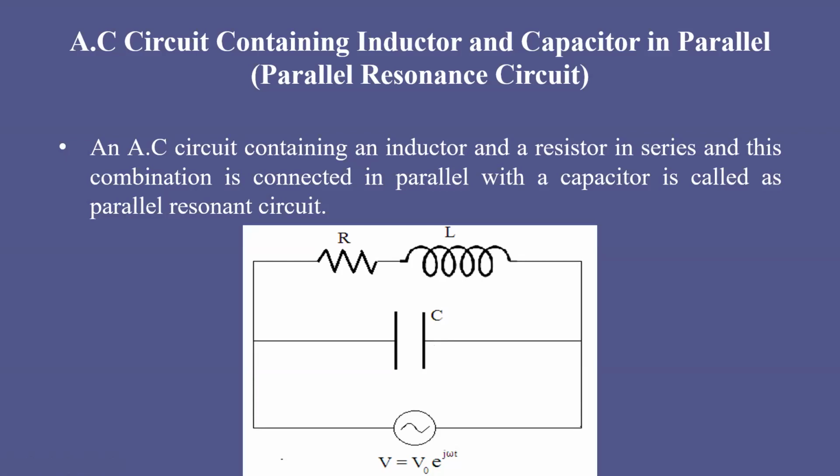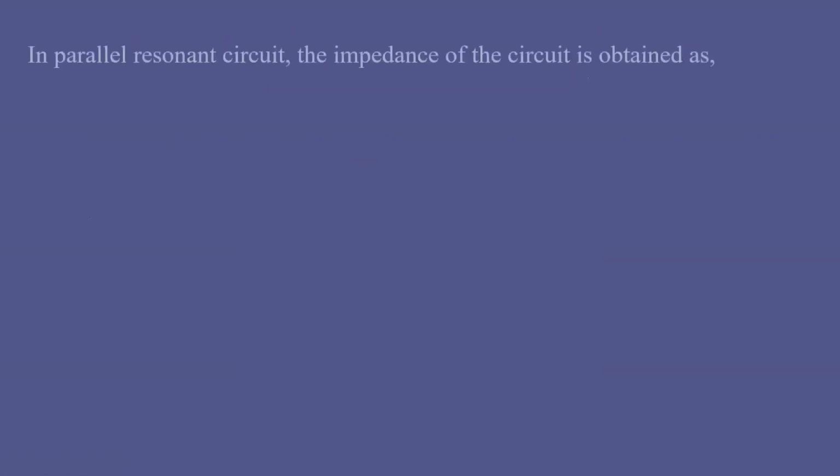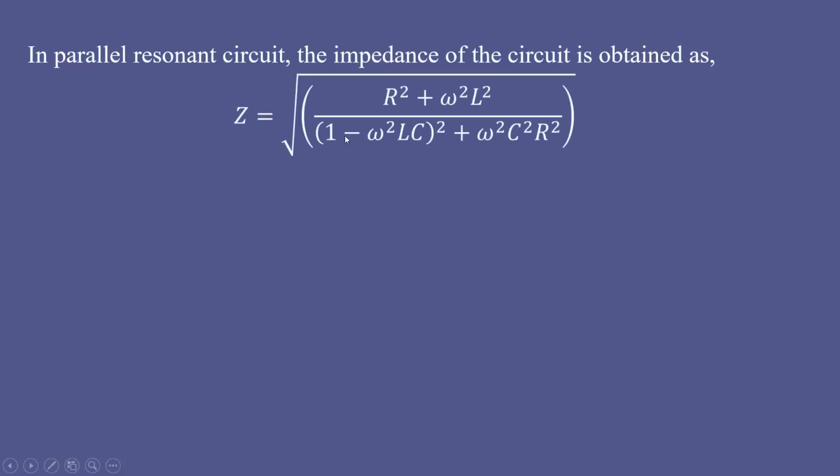So how does the current vary in this circuit? We will see, and we are not going to derive the expression for current. It's a qualitative study, not in detail. In the parallel resonance circuit, the impedance of the circuit is given by this particular expression. We are not going to derive this; you just remember it.